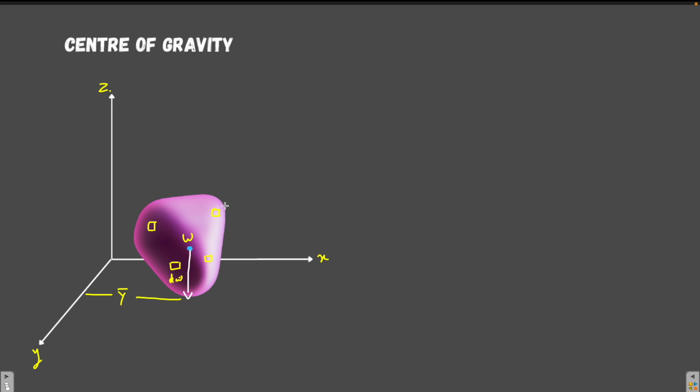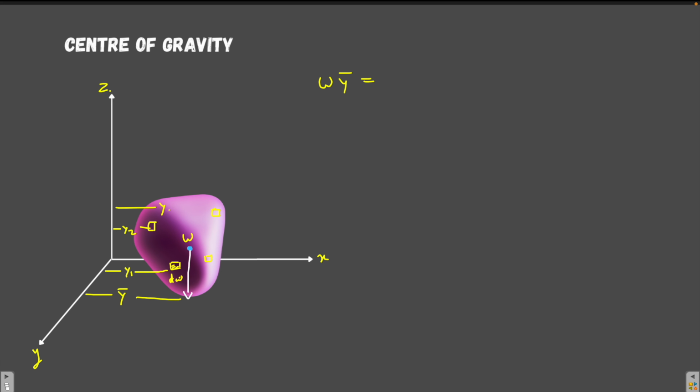Now if we take the moment of this body about the y-axis, what do we get? W into Y bar, and this moment is the same as if we take the moment of each of these small elements about this axis. Let this distance be y1, this distance be y2, this distance be y3.